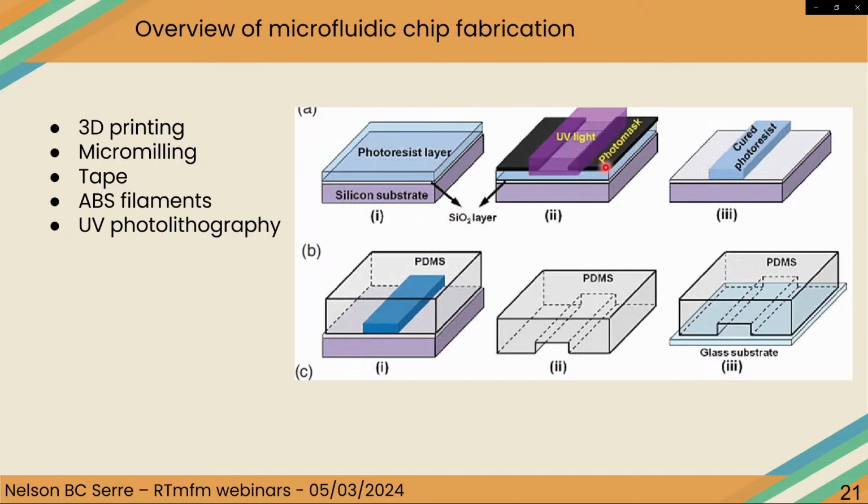You expose it to UV light with a photomask to only expose what you want. So, for example, your channels. Once it's cured and developed, you obtain your channels in positive in this case. And then basically that's your mold, and you can just mold your PDMS and mold it. And in this case, bond to a glass substrate.